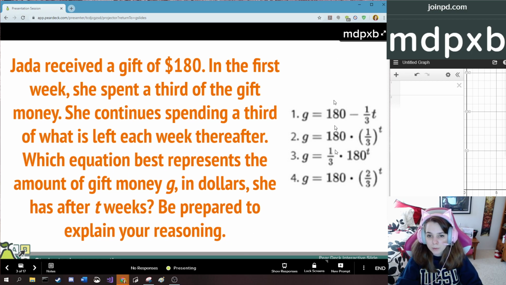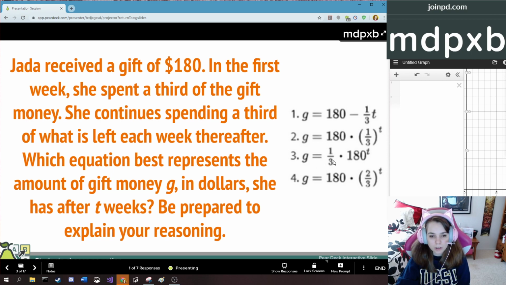This one is just going to be a poll so I can get a sense of what you believe is the correct answer. Here are our 4 equations. You'll be picking which equation you believe matches best. We have g equals 180 minus 1/3 times t. Equation 2 is g equals 180 times (1/3) to the power of t.